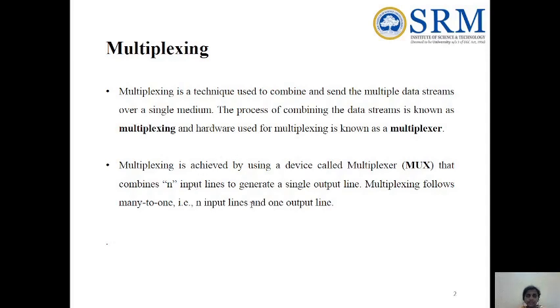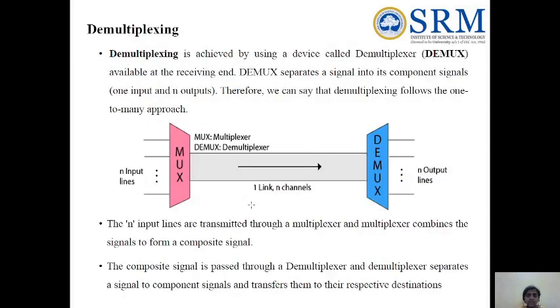So multiplexing follows the concept of many to one. You have many input lines, in this case n input lines, and you have one output line. Next, coming to the concept of demultiplexing, which is the reverse process of multiplexing. In multiplexing, we saw that combining multiple signals into a single signal is called multiplexing, whereas in demultiplexing, we make use of a device called a demultiplexer, or in short DMUX.